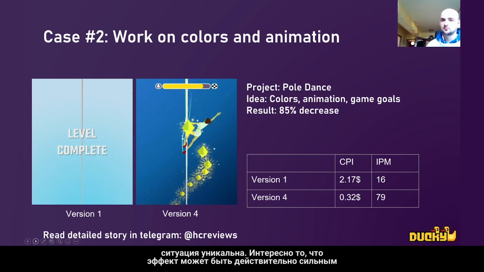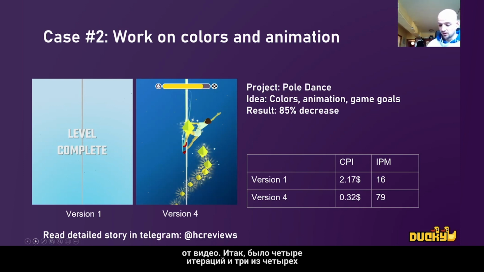The point here is that the effect could be really drastic, especially the more the game is about visual appearance, the more colors and animations will have impact on it. In our case, the game was about pole dancing, and it makes sense to try and polish animations, colors, and overall feeling from the video.